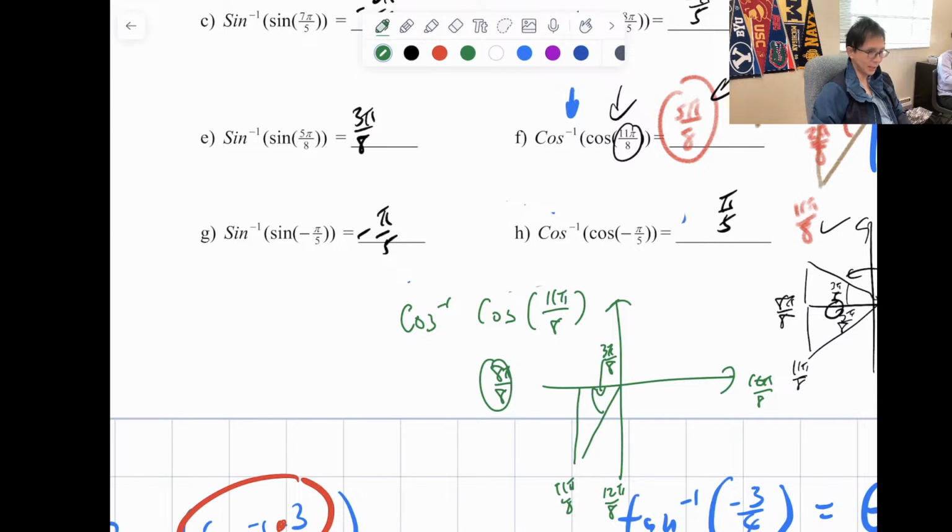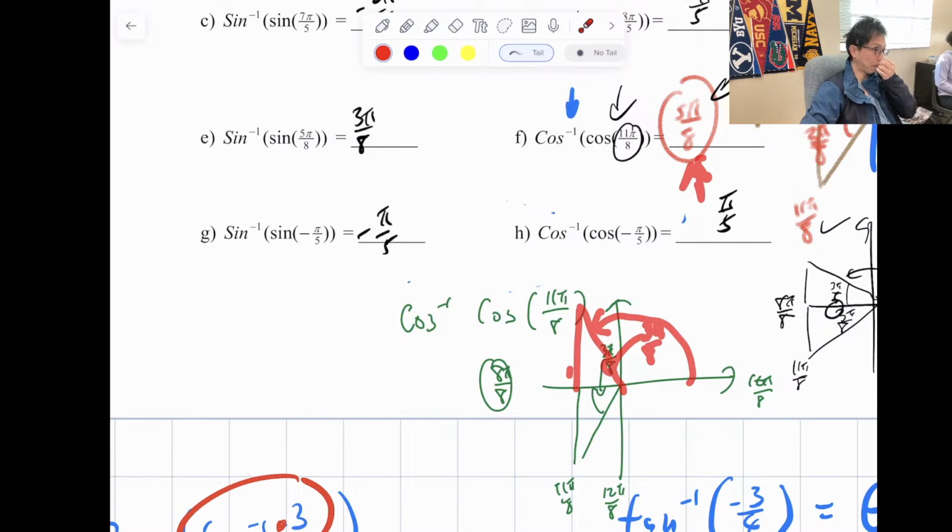But you want the same result as 11 pi over 8 for the cosine inverse. So the cosine inverse has to be in this quadrant. Does that make sense? This has 3 pi over 8, but that's not how you calculate the angle. The way to calculate the angle is from here to here. So what's my final answer? 5 pi over 8.